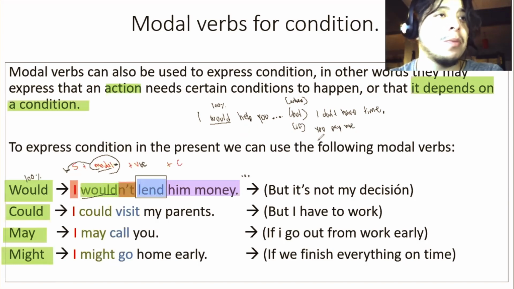So I will help you, but only if this happens. Okay, I will help you, but this is the condition. If you pay me money, I will help you. If you don't pay me money, I'm sorry, I can't help you. I will help you when I finish working. Sorry, I think I misspelled it here. Finish working.